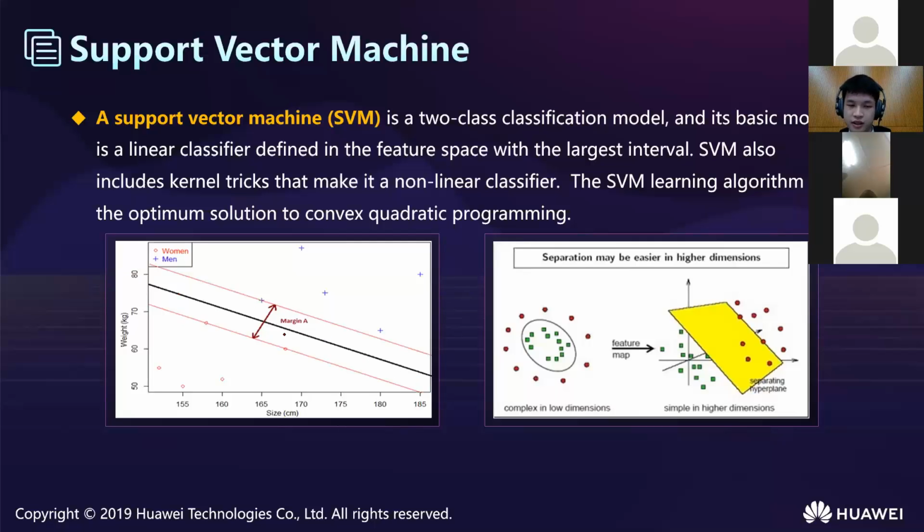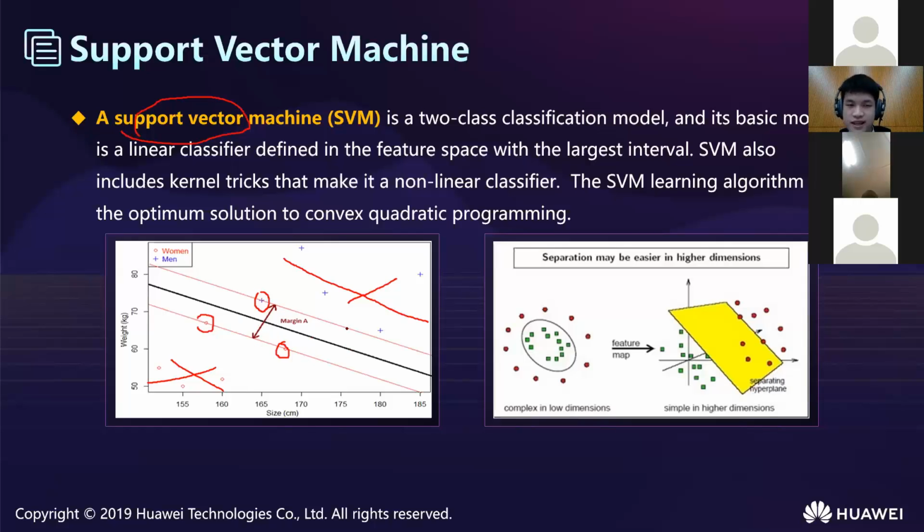So can you get it? The SVM only cares about this data rather than the others. This data is called support vectors. So the support vector machine only cares about the support vectors.